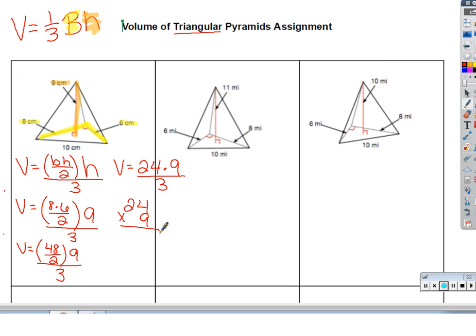You get 216. 9 times 4 is 36, 18, 19, 20, 21, 216. Now we're going to divide that by what? 3. Equals 72. Okay, so 216 divided by 3 is 72. 72 what? Centimeters cubed. So cm cubed.